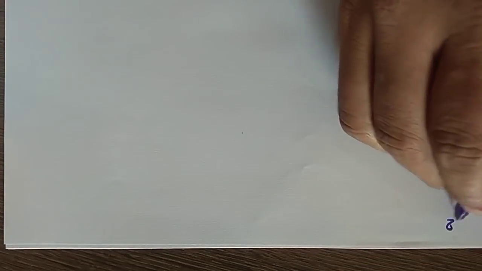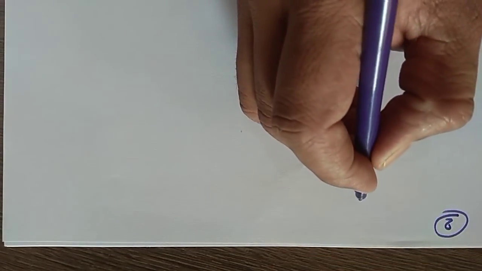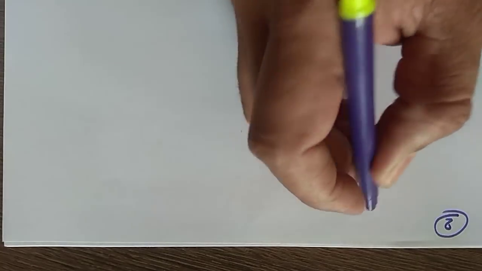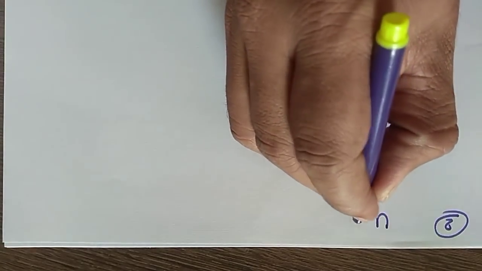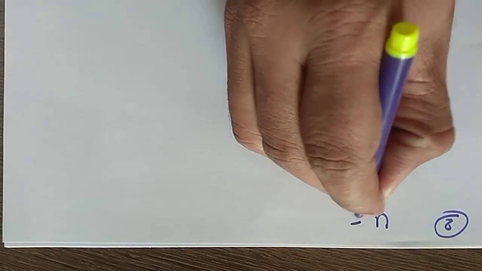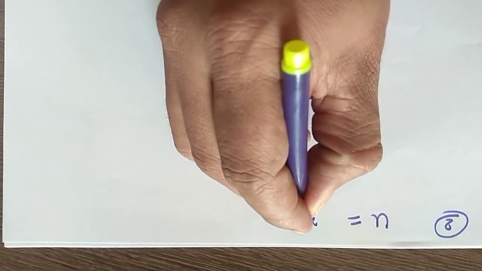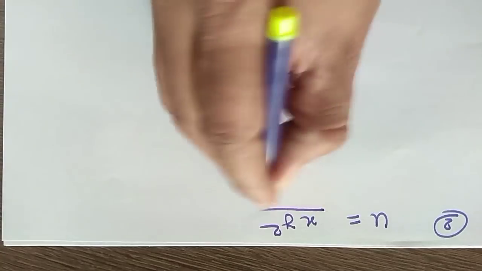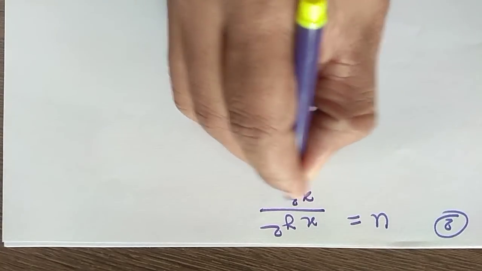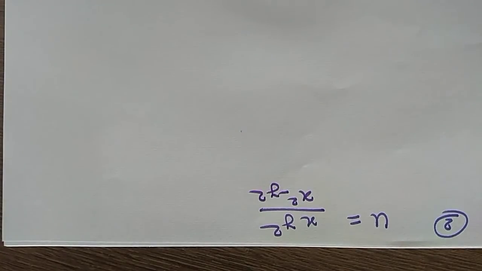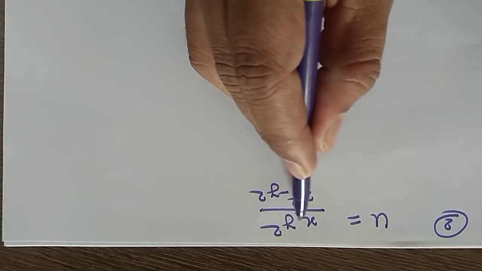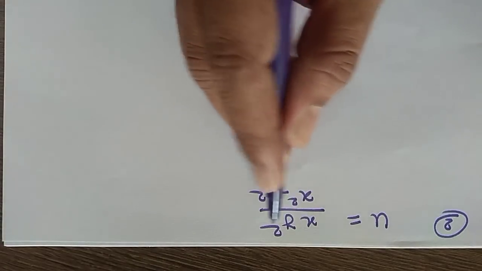For the next example, I will write u is equal to x y square divided by (x square minus y square). Now the numerator contains power terms, and moreover the numerator is in multiplication.